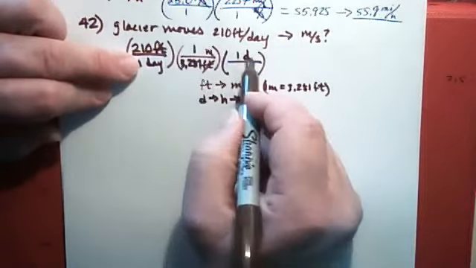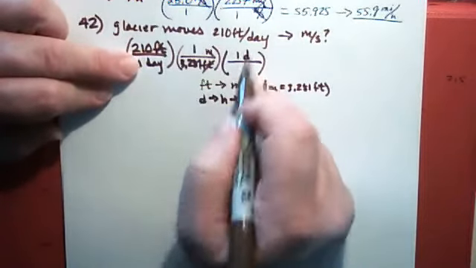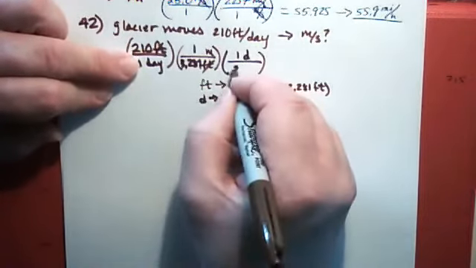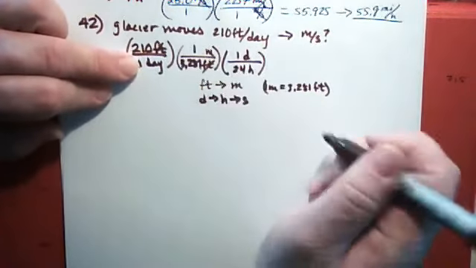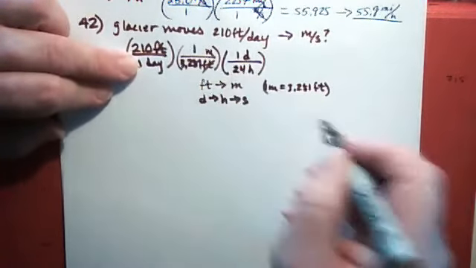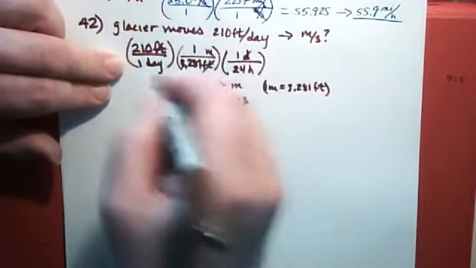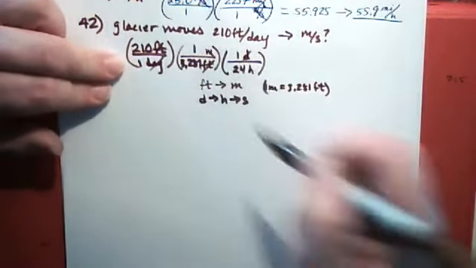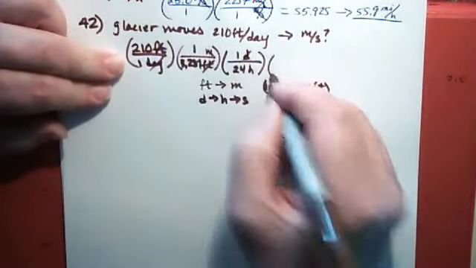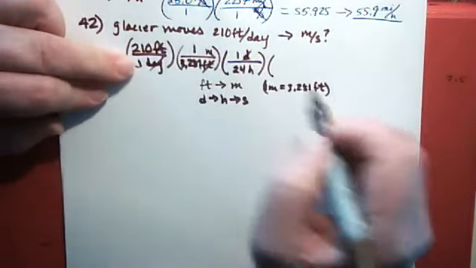Days are in the bottom, so we want that unit on top in the conversion factor so we can get rid of it. And I'm going to count a day as being 24 hours. So now we would have meters per hour if we wanted to stop there and write down the answer.